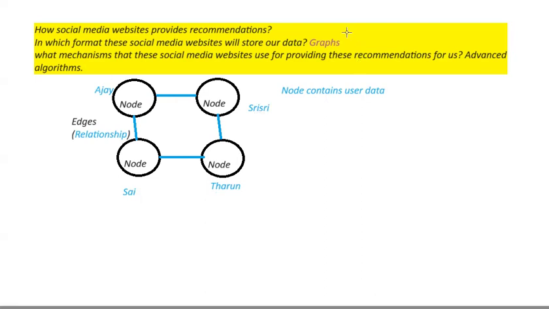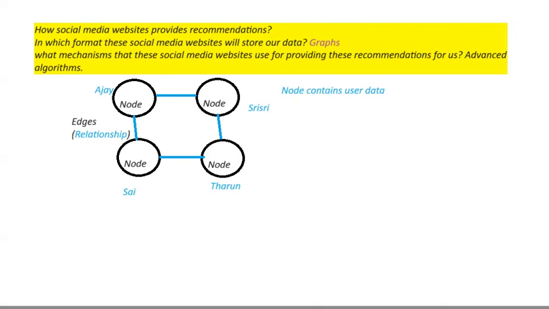So the graph will analyze this whole set of relationships by using some advanced algorithms and provide a recommendation to Sai that maybe Sri Sri is one of your friends.